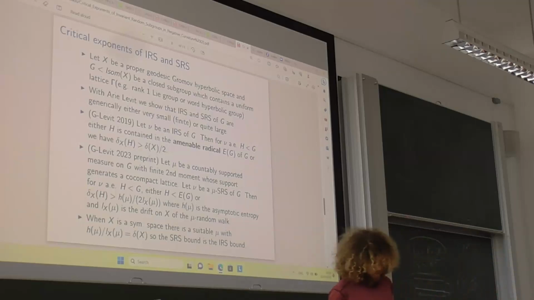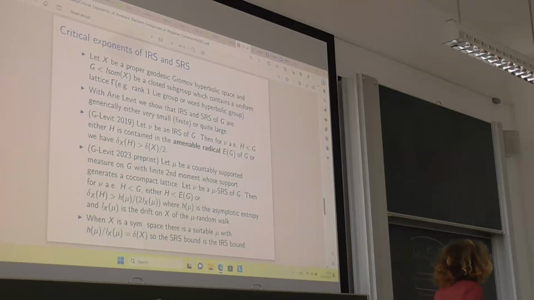For stationary random subgroups, stationary means you're stationary with respect to some measure, some random walk. So we wanted a similar bound, but of course, this bound would have to depend on the random walk. Now you assume something nice about this measure. We assume that it's supported on some co-compact lattice in G, and has a nice moment condition.